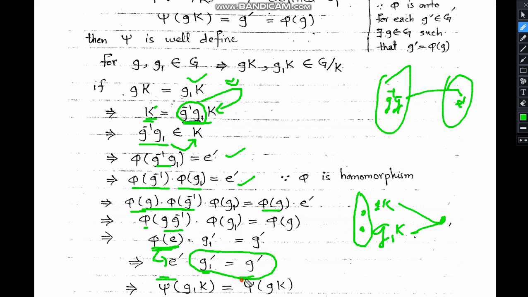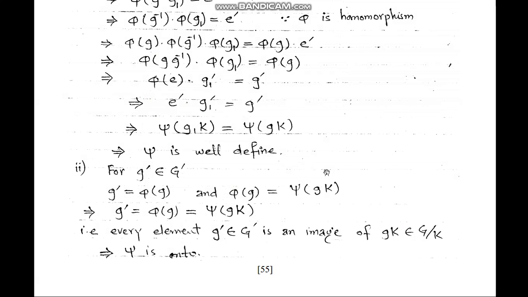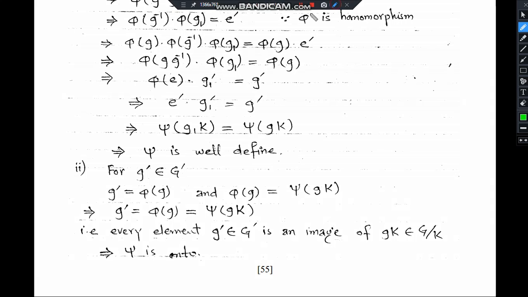So here we are seeing that this psi is 1-1. In the case of 1-1, we see that if the mappings of two elements are equal, then the elements will also be equal. So this is the definition of 1-1. Otherwise, it will be treated as many-one. So here we have seen that this mapping psi is 1-1.